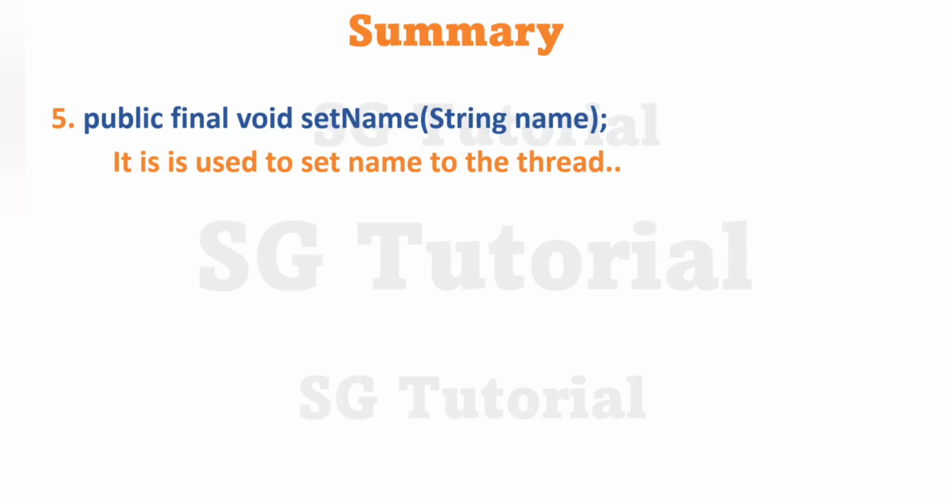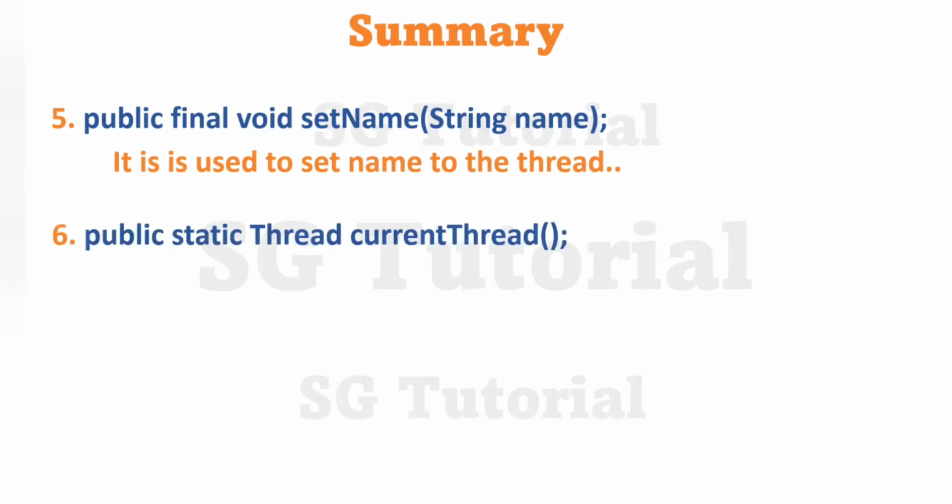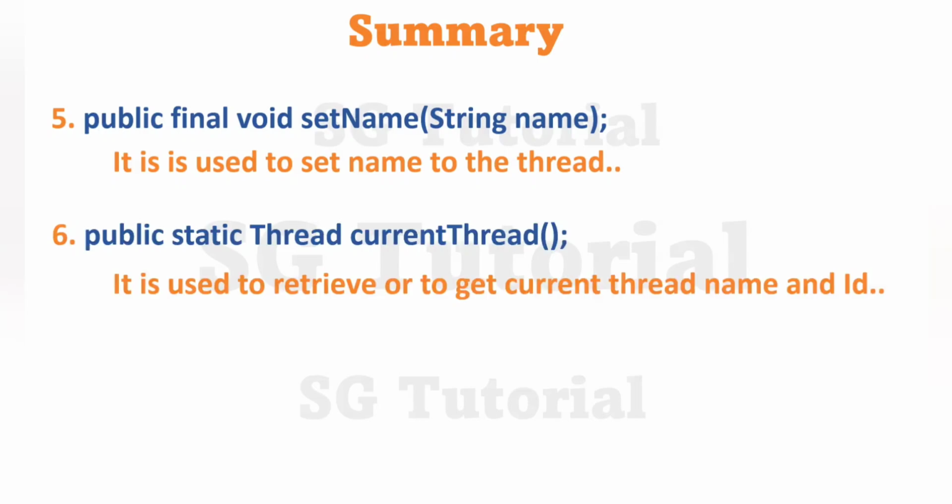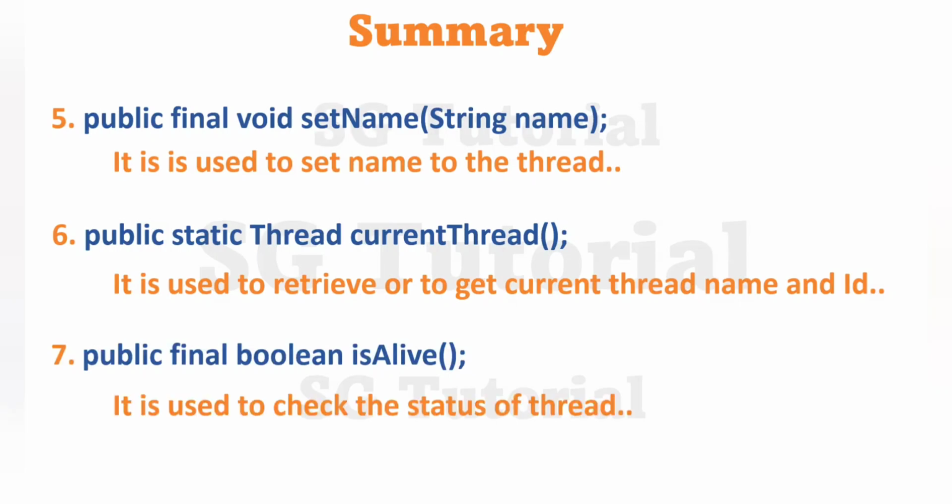We cannot change the id of a thread. Java doesn't allow it. And the currentThread method is used to retrieve or get the current thread's name and id. And another method is the isAlive method, which is used to check the status of a thread. That is, it checks whether each thread is alive or dead, so that we can perform operations on it before it dies. Okay, that's it.